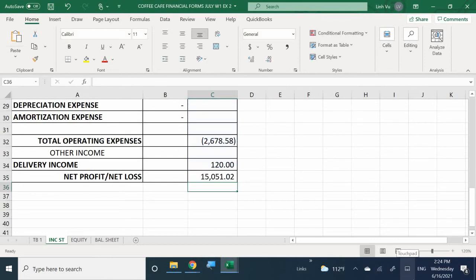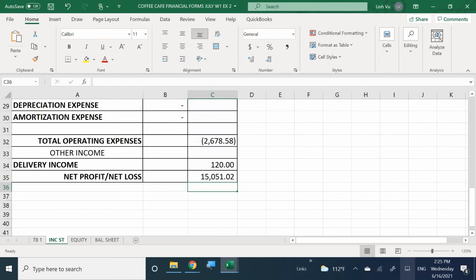So far, of course, we didn't calculate all of our expenses, but at least for the first week of operations, I've only made $2,678 worth of expenses in the first week of the month of July. All right? So that's a lot, okay?